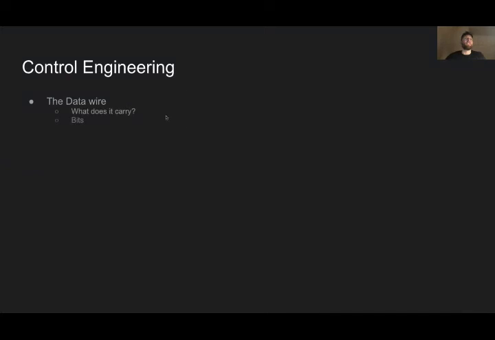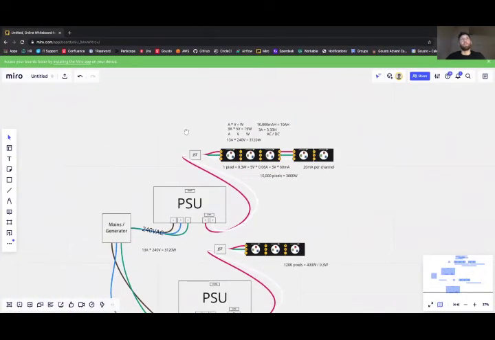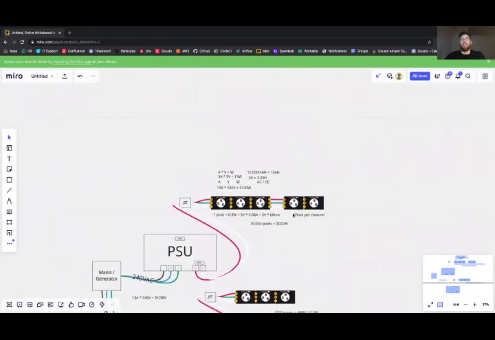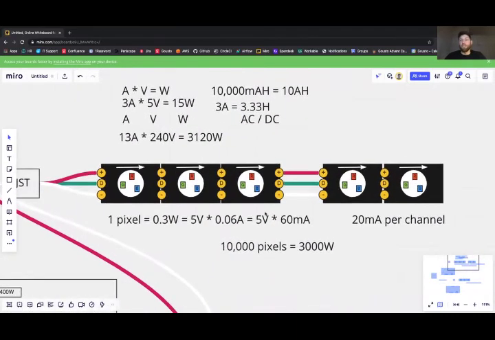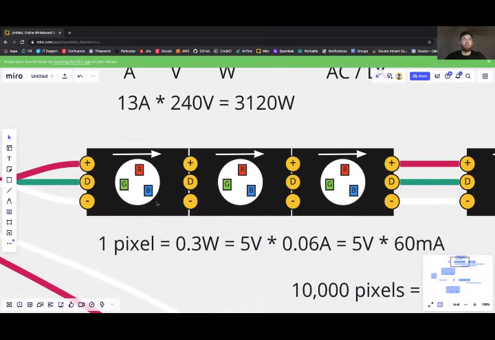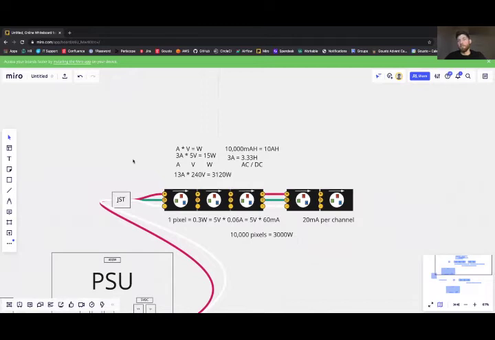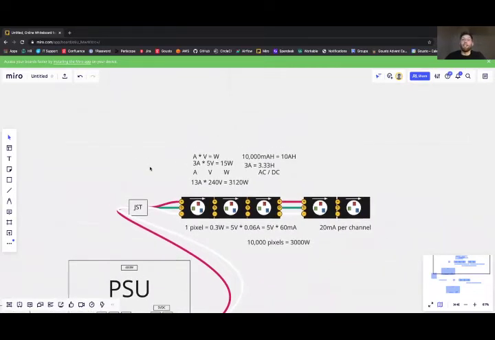But what exactly does it carry? Okay, brace yourselves. It carries a digital signal which instructs each of these RGB emitters what color to be. In order to understand this digital signal, you have to understand digital signals in general. Digital signals are composed of bits, okay?